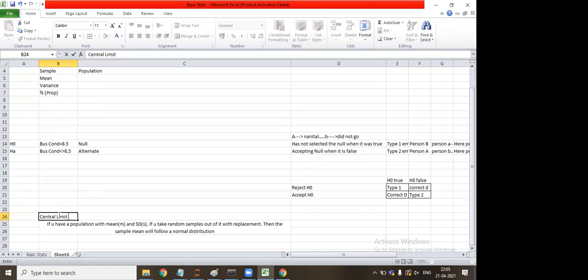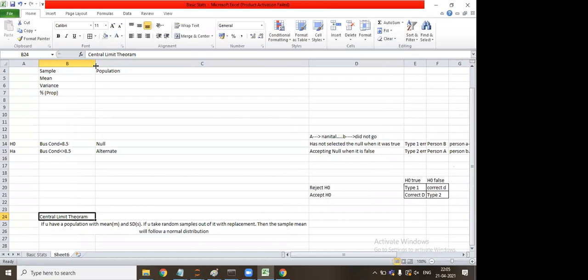You take a ball, you check it, and you place it back. Again, the same ball has equal chance to be selected. That is sample selection with replacement. With me?